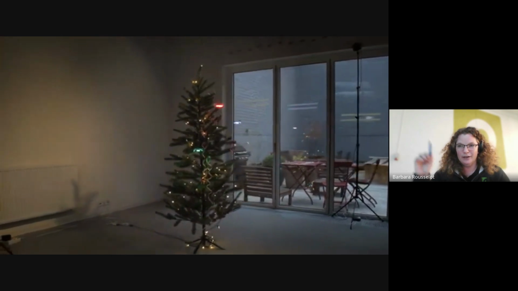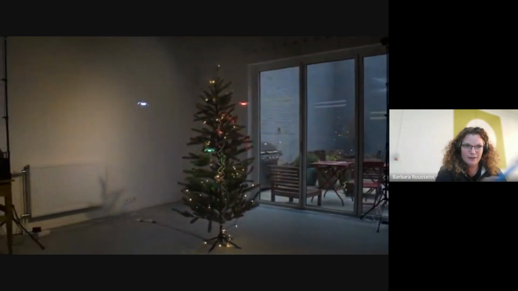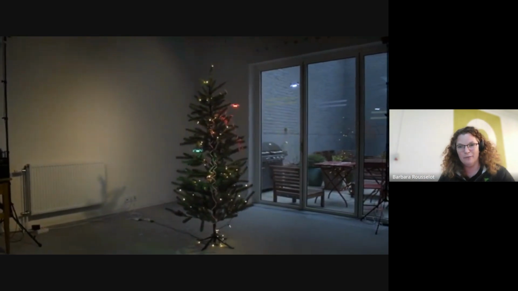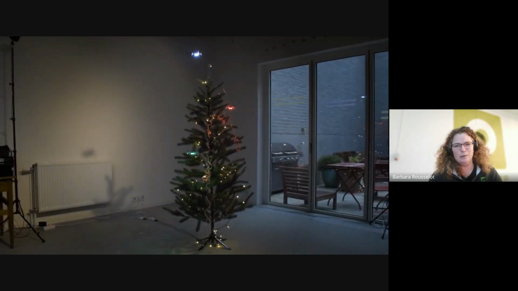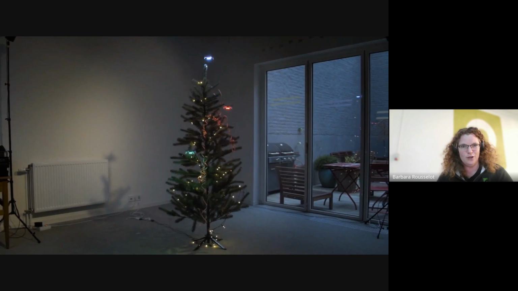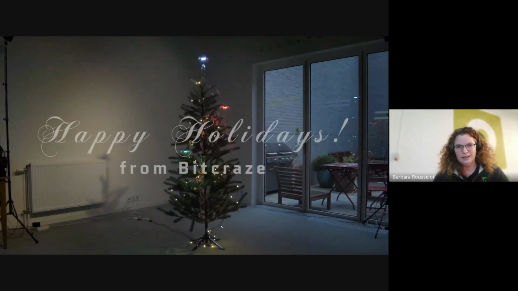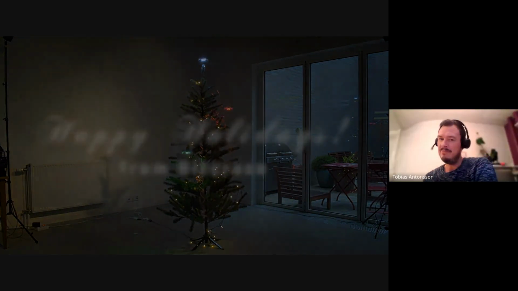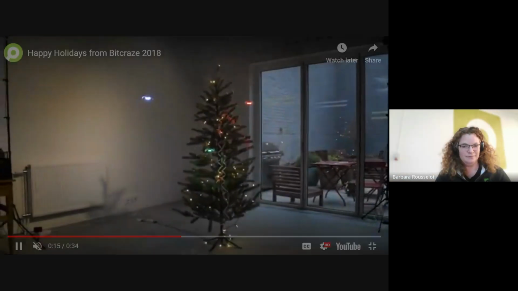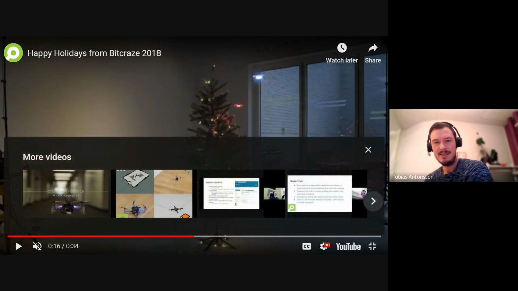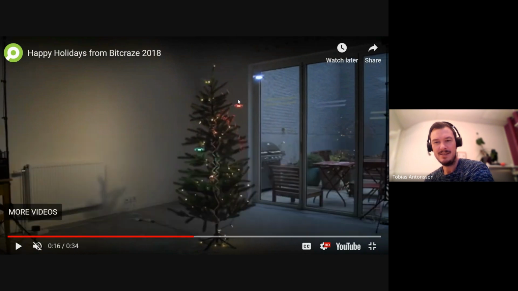You can see the lighthouse base stations on each side. My question is, what was the stage of the lighthouse at this point? I mean, it must have been pretty new, right? Maybe not even released yet. I would love to know.